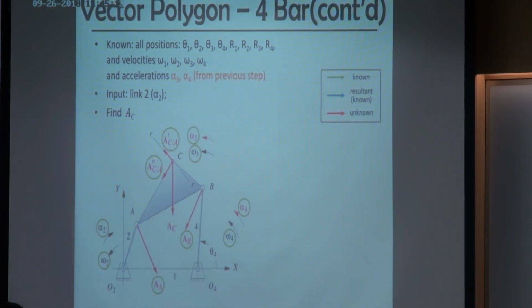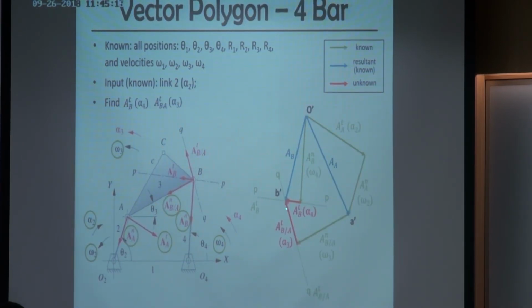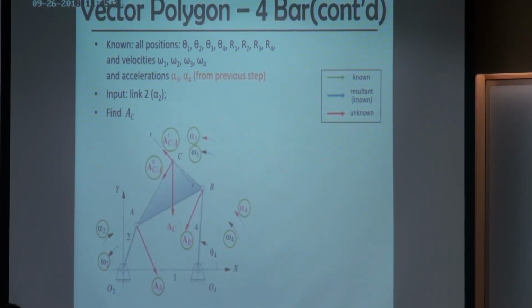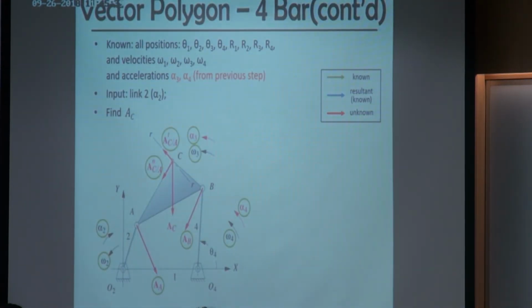So we already found B. We found the acceleration of point B. So let's continue to work on this one. Let's say we also want to find the acceleration of point C. From the previous step, we already found this ABT and this ABAT.